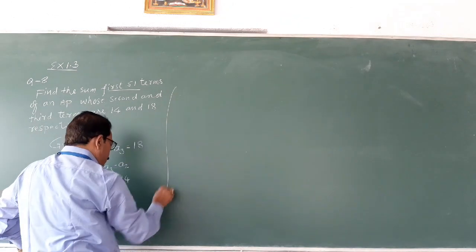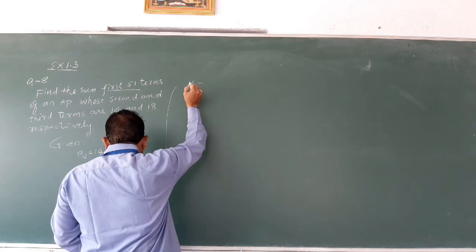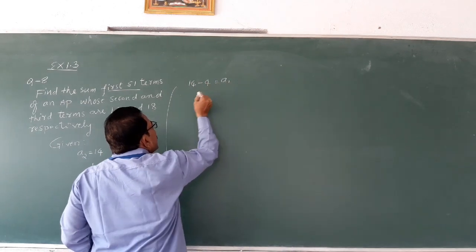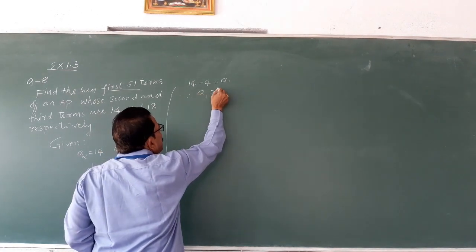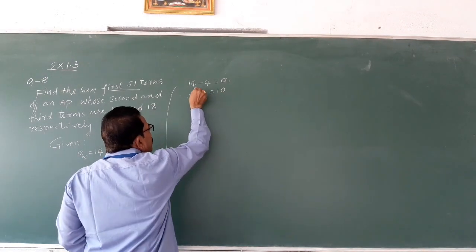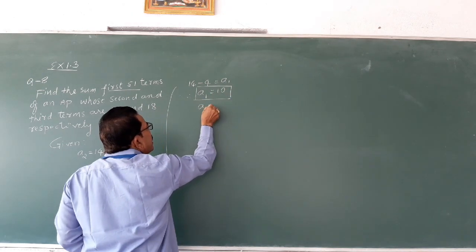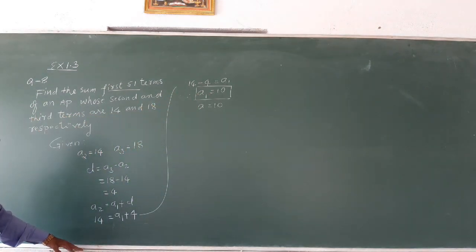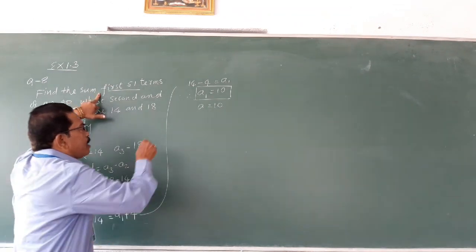So 14 minus 4 equals A1. Therefore, A1 equals 10. So, A1 is 10. We can simply write a equals 10. Then, by using these values, we have to find the sum of first 51 terms.